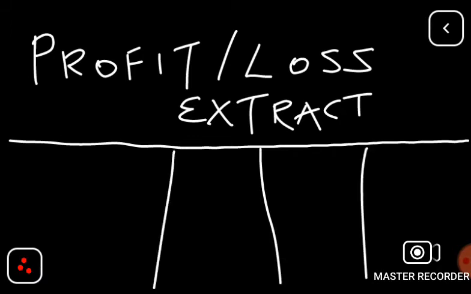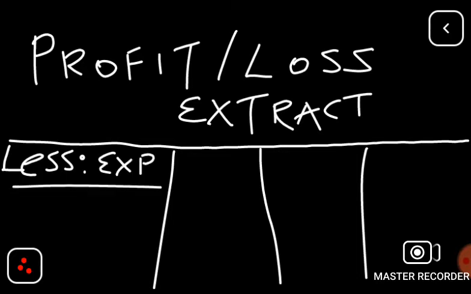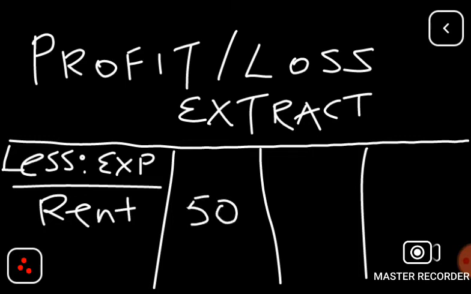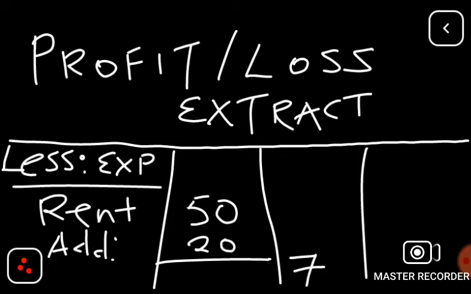Okay, so we are under less expenses. Now we have your rent, which is the 50 kwacha here. Then you have to add that amount that you are owing. The amount that you're owing was 20 kwacha, right? So this is the amount that you're going to take.